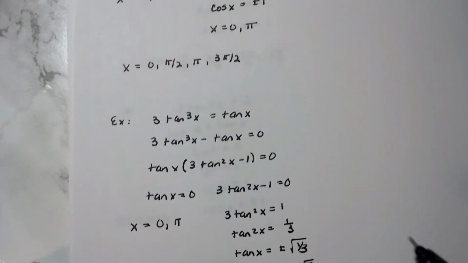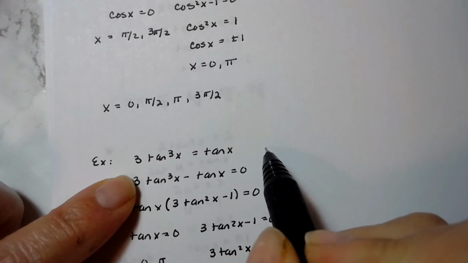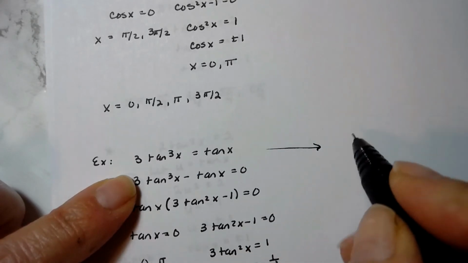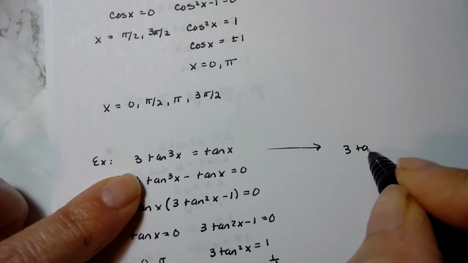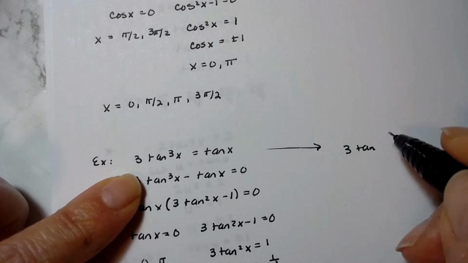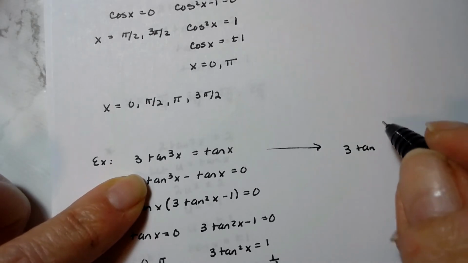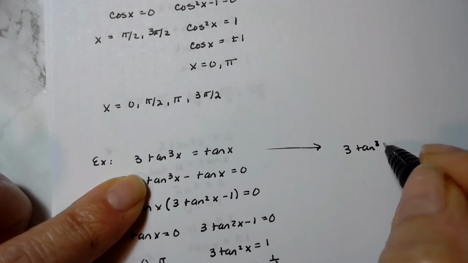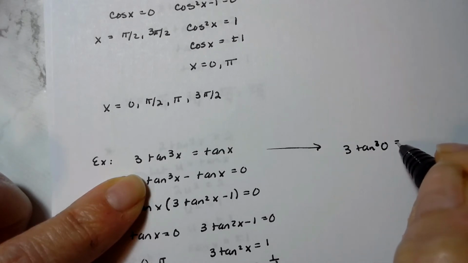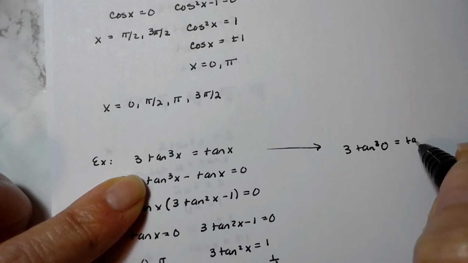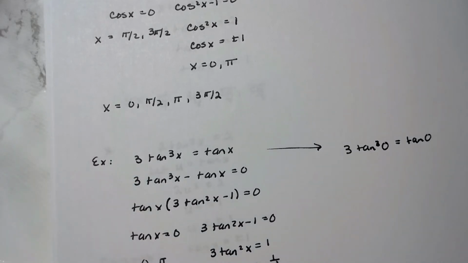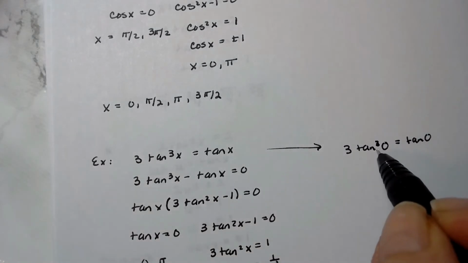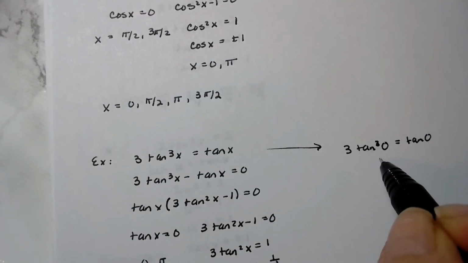So when x is 0, for instance, if you always start with the original, if x is 0, you have 3 times tangent cubed of 0 is equal to tangent of 0. The question is, is that true? Well, the tangent of 0 is 0, right? The tangent of 0 is 0, and 0 times 3 is 0.